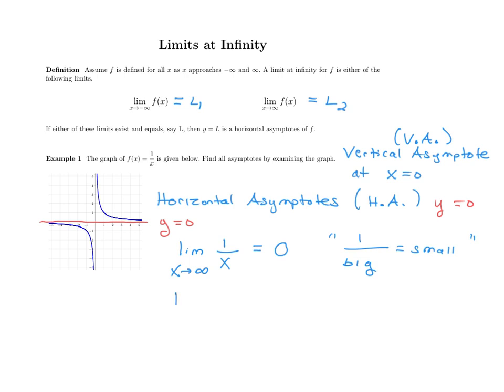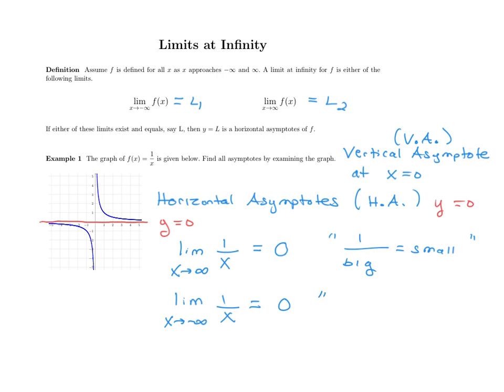Now, is the same thing true as we approach negative infinity for 1 over x? And the answer is also yes. If you go in this direction towards negative infinity, the y values on the graph are negative, but they're getting smaller and smaller, and as a limit, we would say that is going to 0.